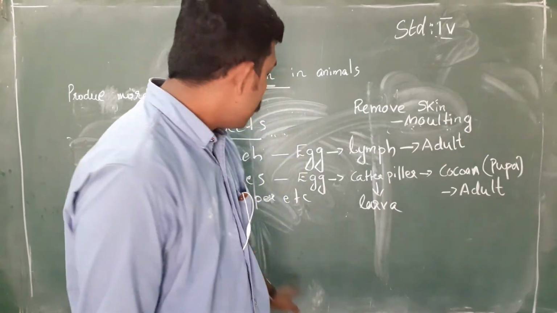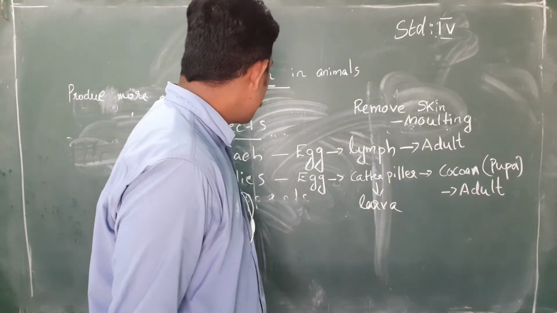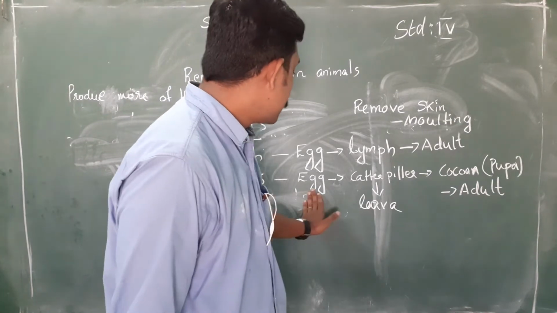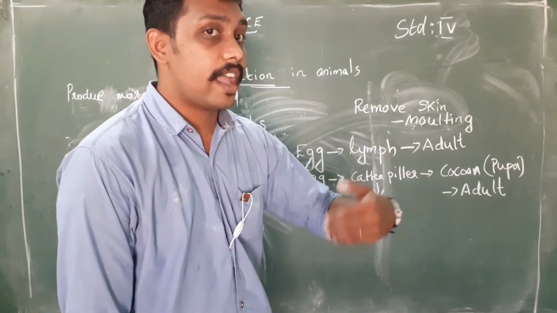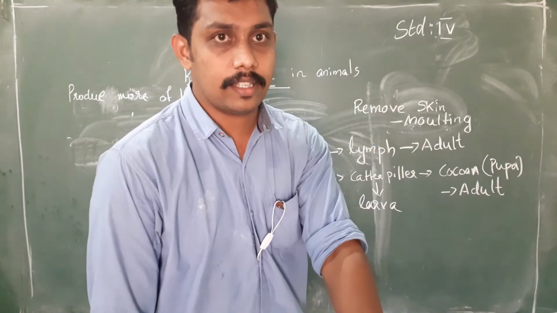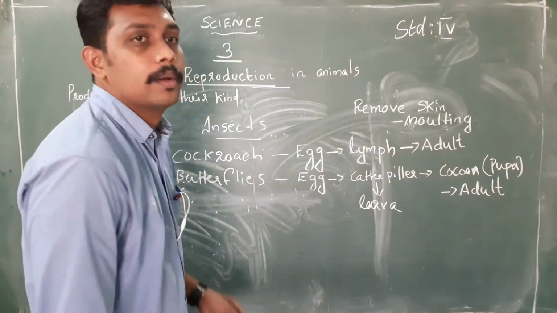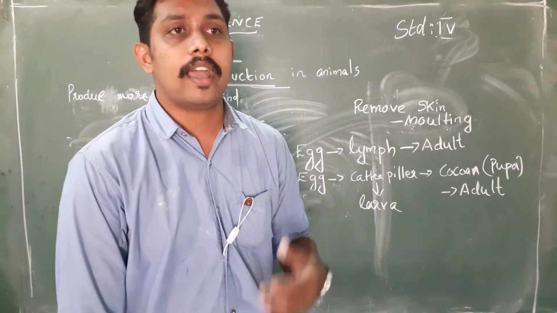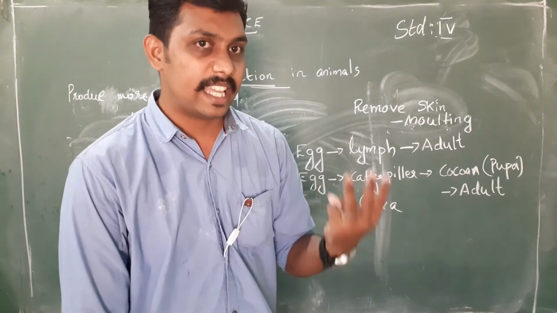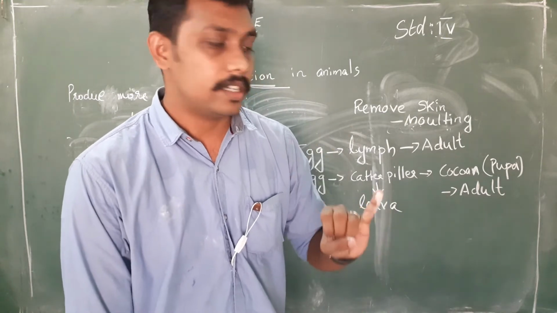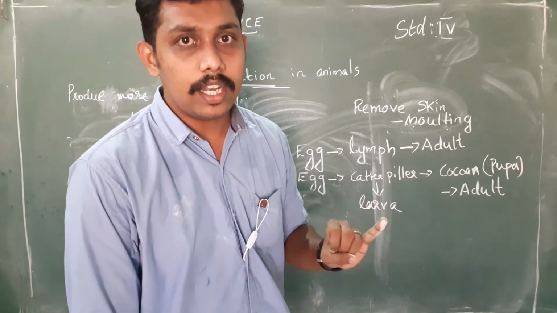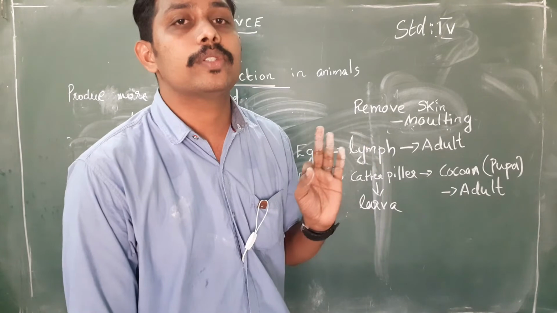So this is the first type of reproduction of animals, that they are laying eggs. Okay, first one is what? Birds, isn't it? Birds have eggs, and the eggs have mainly 3 parts: eggshell, albumin, and also what?